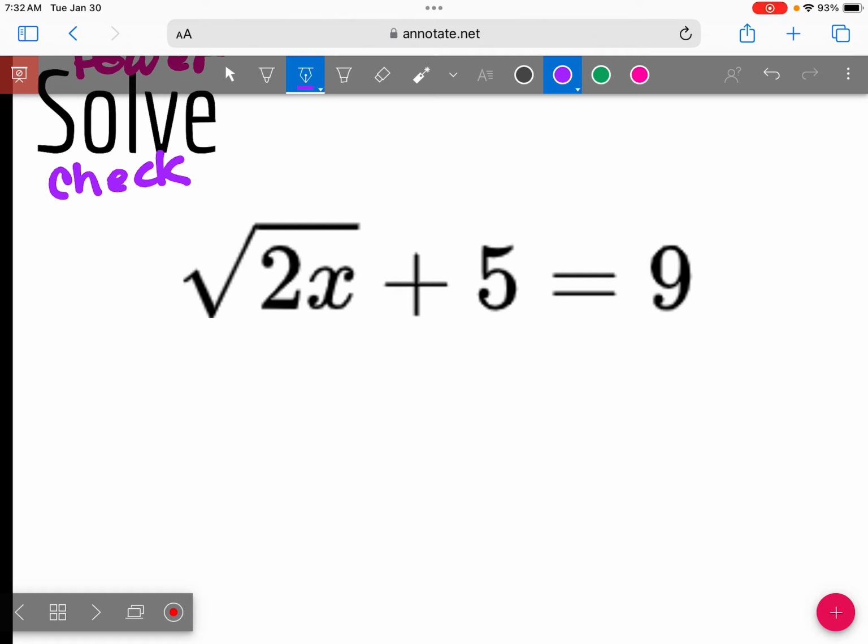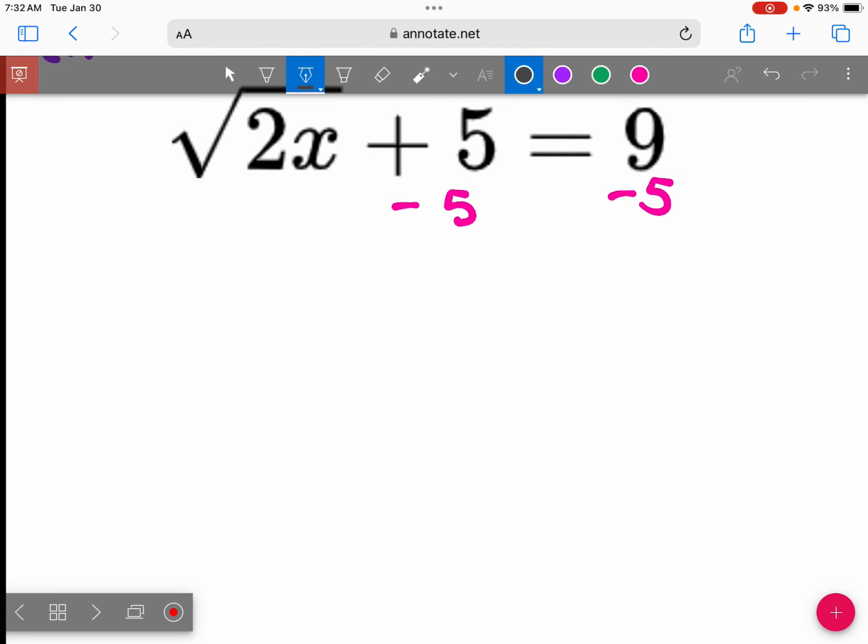So looking at this first problem on the left, what are we going to do first to isolate? Subtract 5. Exactly right. Minus 5 on both sides. That's going to give us the square root of 2x equals 4.